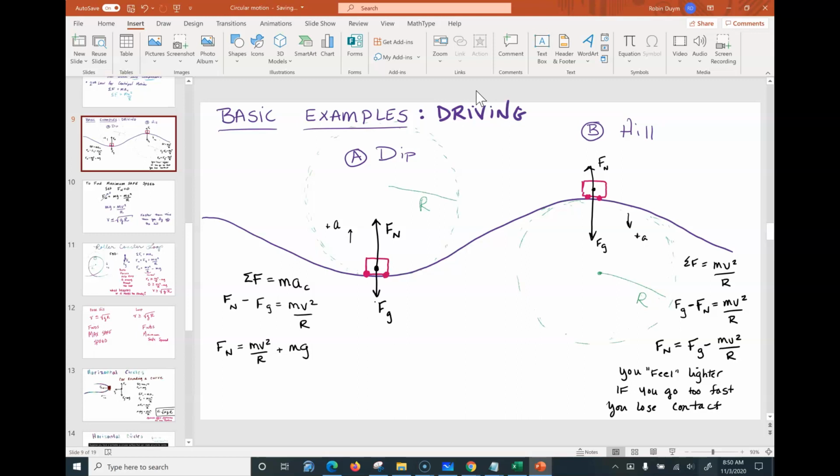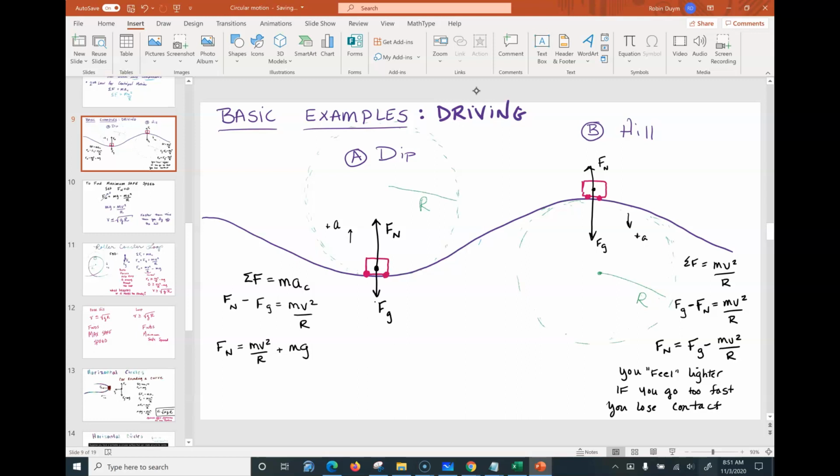But here are real basic examples. If you're driving, typically you see it with a car that's driving along a very hilly road, or maybe a roller coaster. Now this roller coaster wouldn't be super exciting, but maybe it's for a little kid. There are two spots that you want to analyze: one is when it's at the bottom of a dip, and two, when it's at the top of a hill.